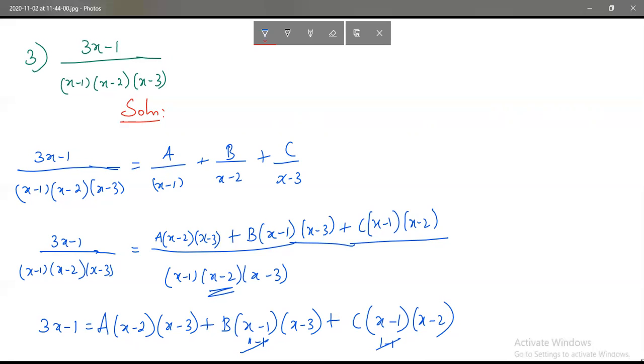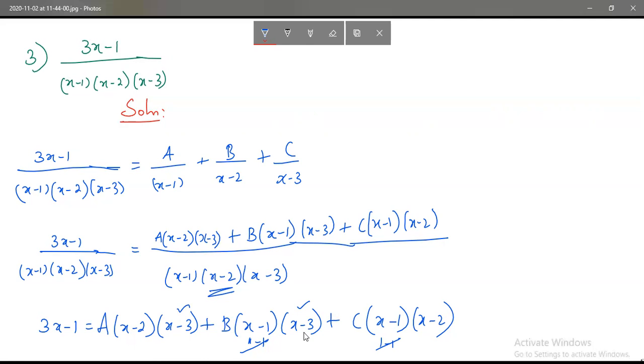you get A. Okay, you will get the value of A, and then substitute x equal to 2. When you substitute, here the a term becomes 0, and in the c term you have x minus 2, so 2 minus 2 becomes 0, so C gets cancelled. You can find B, and if you put x equal to 3, in the first term 3 minus 3 becomes 0.